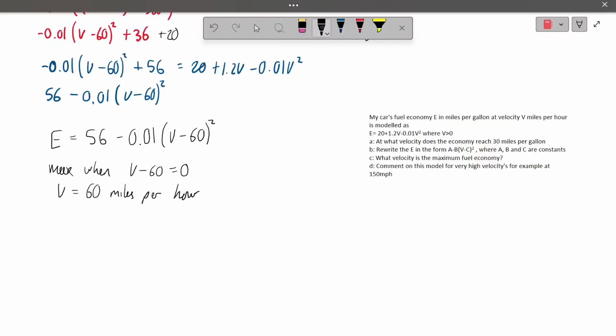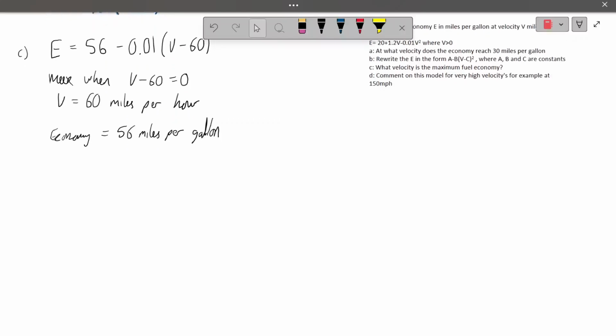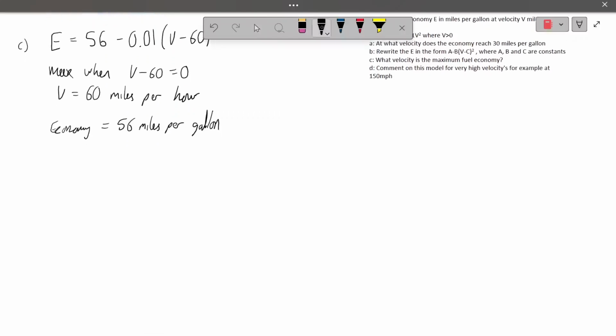Okay, that's nice and simple. That was part C done. Now in theory, your economy equals 56 miles per gallon. And that's part C. So, part D.